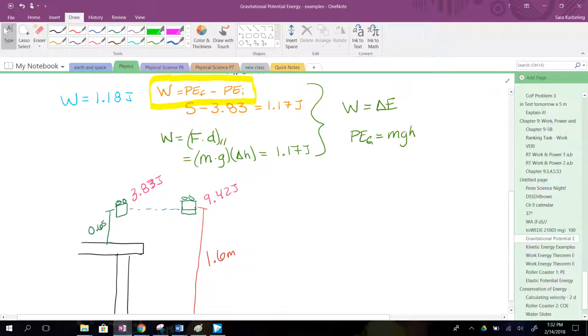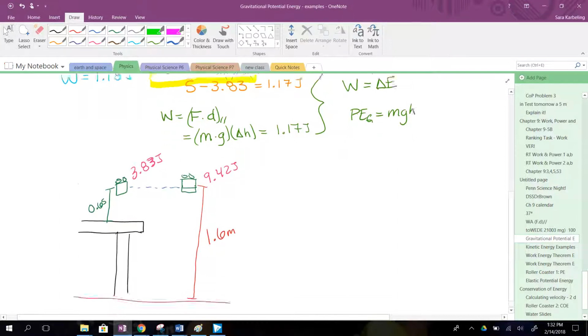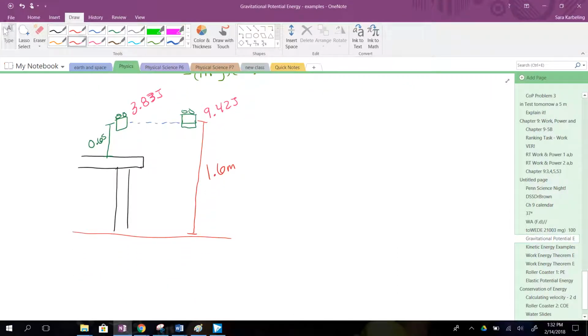So how in the world do I have one energy here and one energy here? The answer was, Ian, what did you say? A different reference point, a different height equals 0. Does that make sense? This is kind of an important concept. We're changing our reference point.